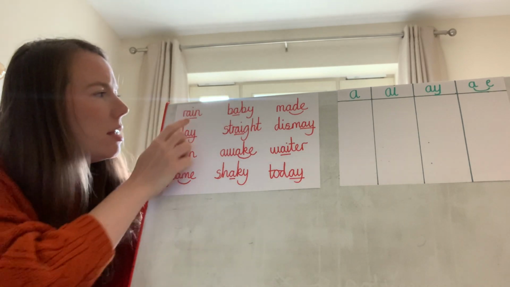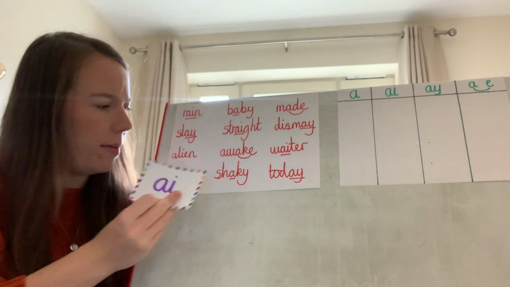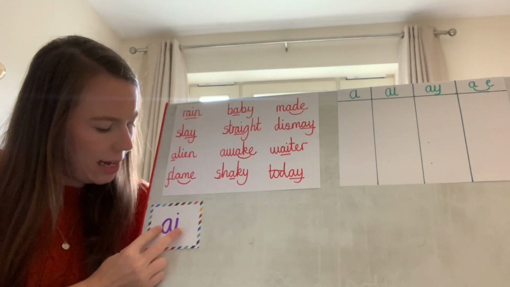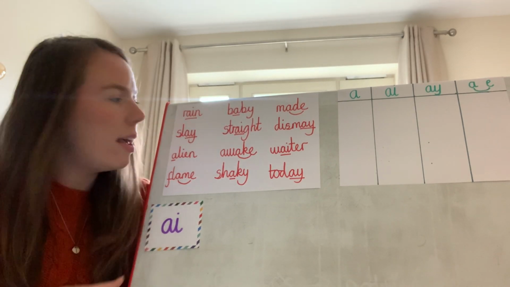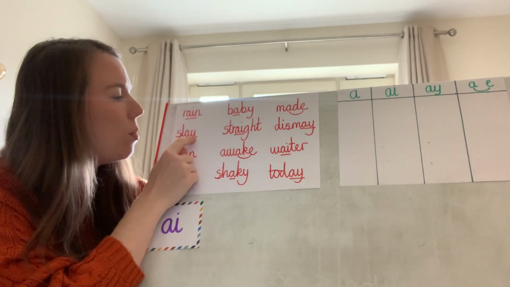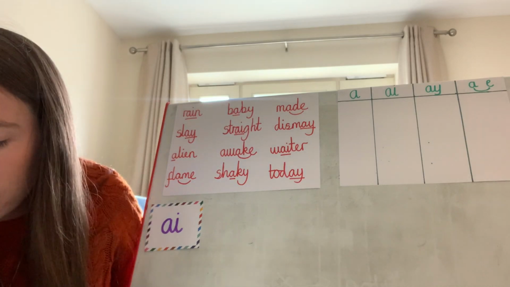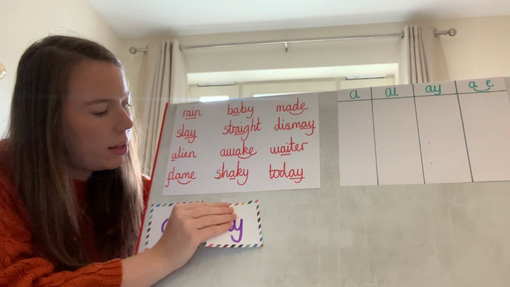We already spotted that in the word rain, the A digraph makes the sound A. So I'm just going to stick that one there to remind us that A and the I letters come together to make the A sound. In the word sleigh, the A and the Y letters come together to make the A digraph. That's the A sound that hopefully lots of you will have remembered.